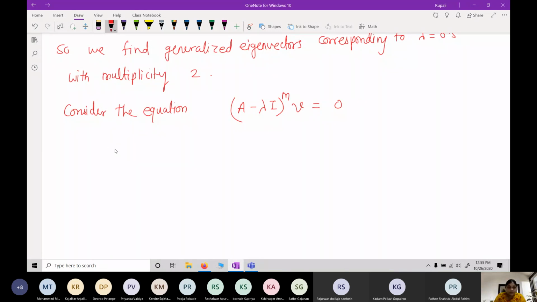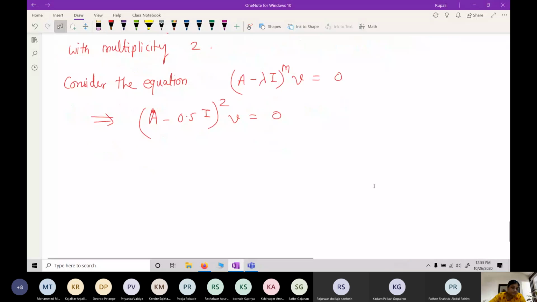So that is, what is my A? A minus 0.5 I raised to 2 times v is equal to 0.